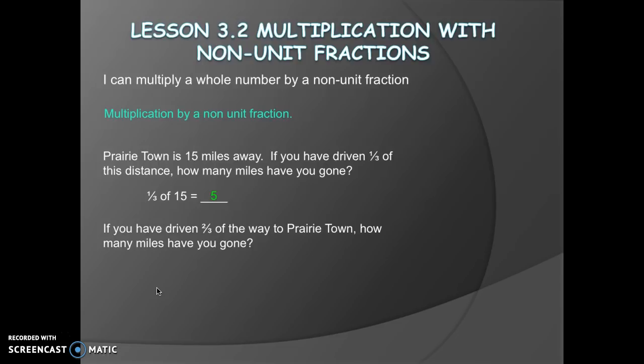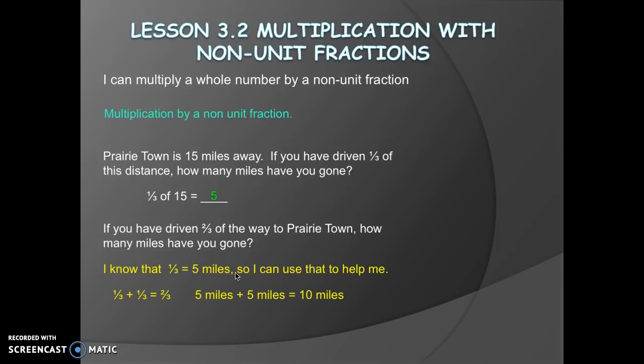So what if you have driven 2/3 of the way to Prairie Town? How many miles have you gone? Well, if 1/3 is 5 miles, 2/3, okay, we're going to use that to help us. So we know that 1/3 and 1/3 is 2/3. So we're going to take 5 miles plus 5 miles.